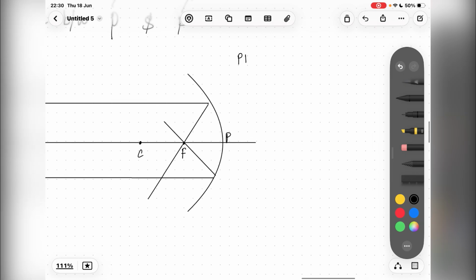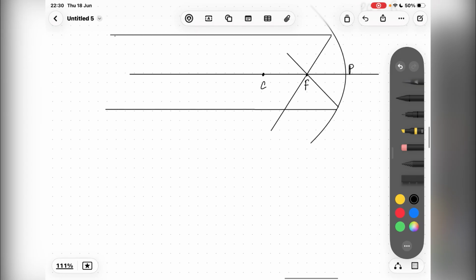So PF equals F and PC equals R. Now see the relation that we have derived earlier, that is 2 by r equals 1 by u plus 1 by v. Now in this case what happens is that u is at infinity.